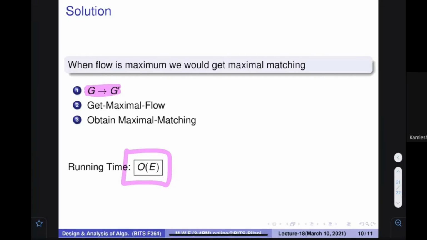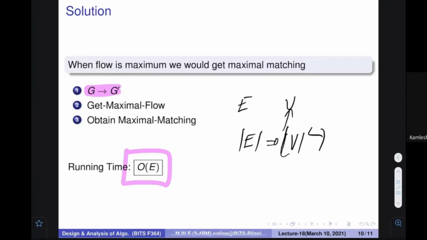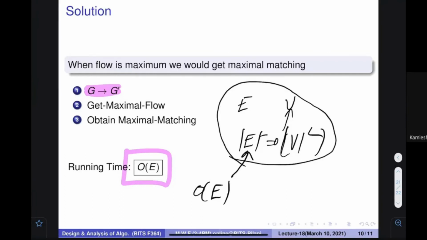If we want to compare E and V, the size of E can be up to V square, so E is a bigger number as compared to V. So whatever we added when constructing this was only of the order of V, but here we are talking about order of E. So actually E plus V is equal to order of E.